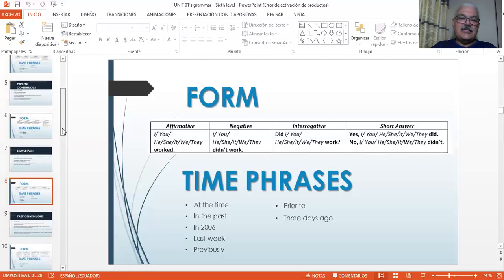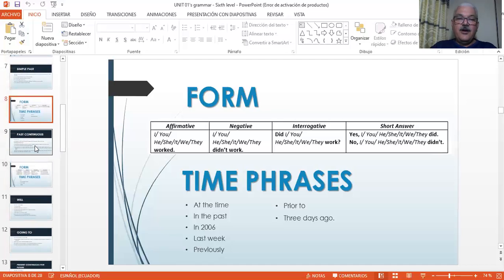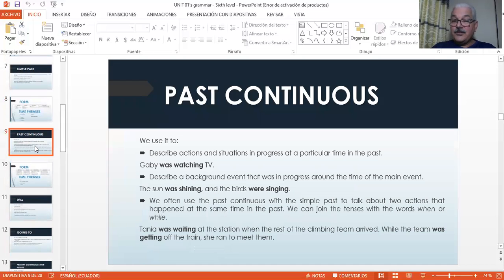And when it is a past continuous, we are going to refer to actions that were seen in the past in their progress. So we use it to describe actions and situations in progress at a particular time in the past, or to describe a background event that was in progress around the time of the main verb or the main event.